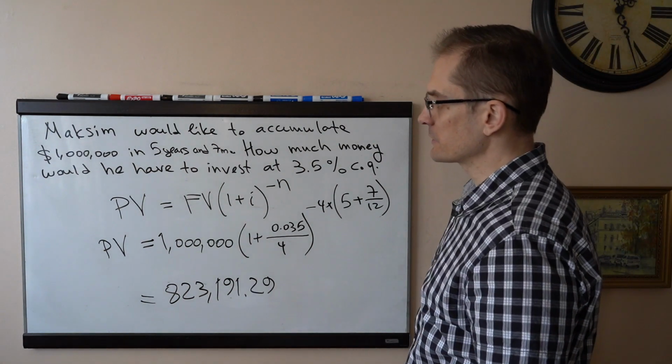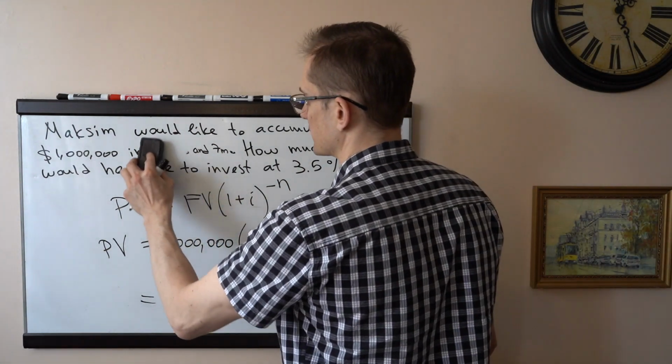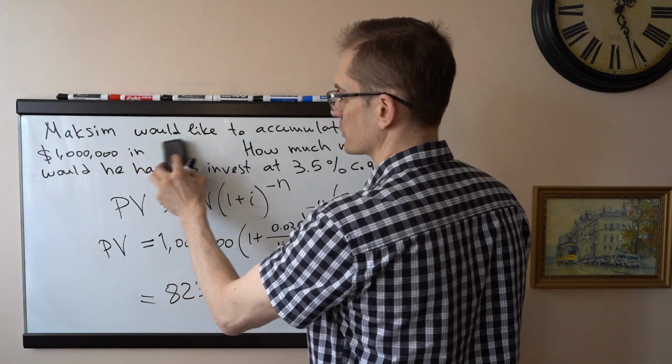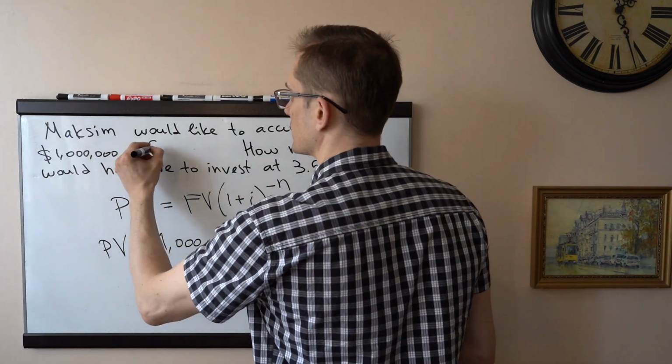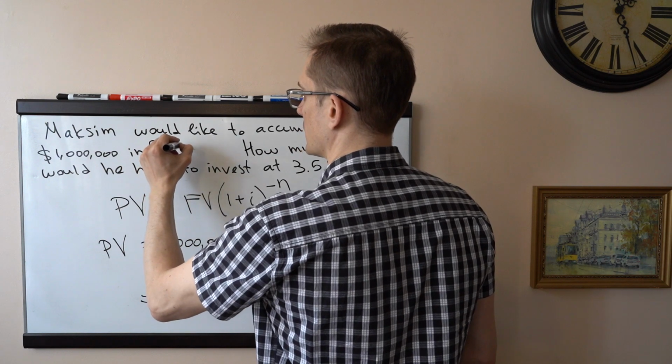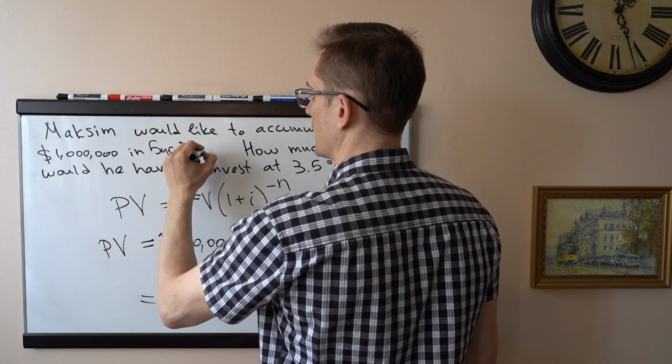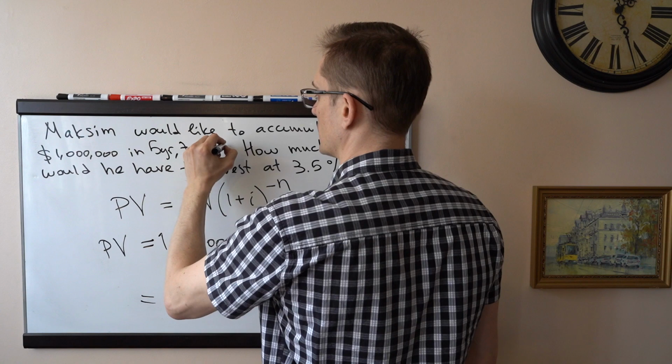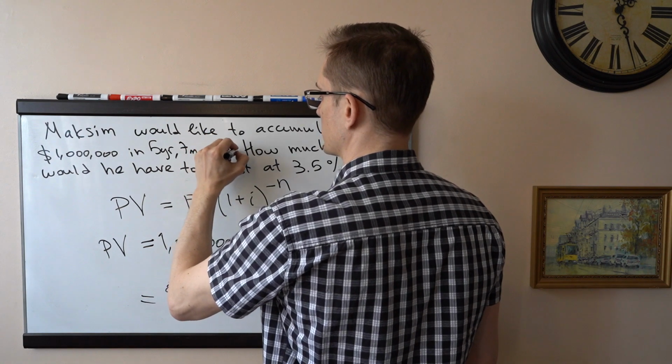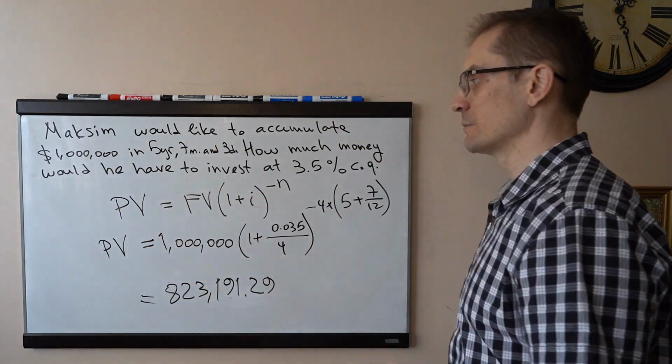Okay, so what if it's something like this? Just to make sure, let's say 5 years, 7 months, and 3 days, okay, like that. So 5 years, 7 months, and 3 days.